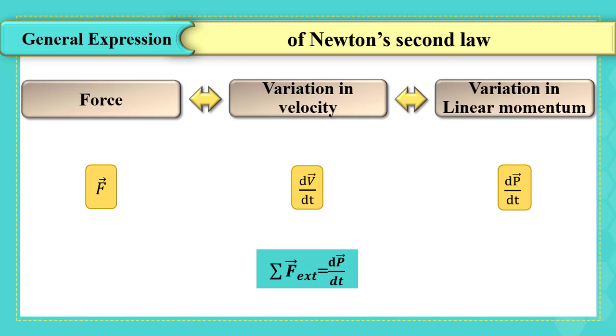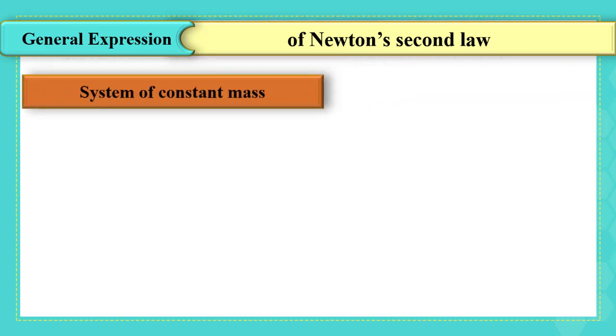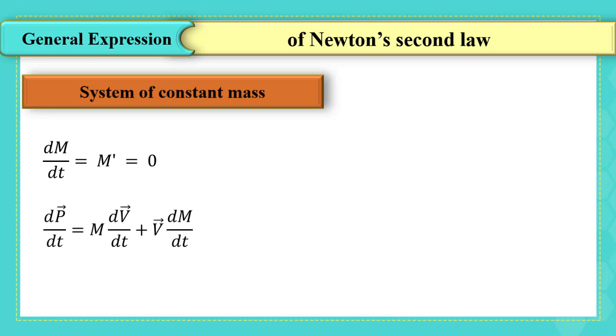But p is a function of mass and velocity. If the system is of constant mass, then dm by dt, the derivative of mass, equals 0. And now dp vector by dt is simply m times dv vector by dt, which is m times the acceleration, like the case of the motion of a ball or a marble.